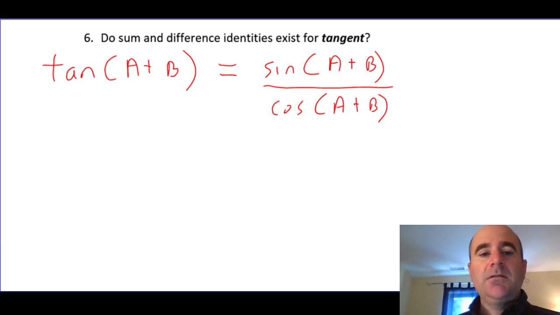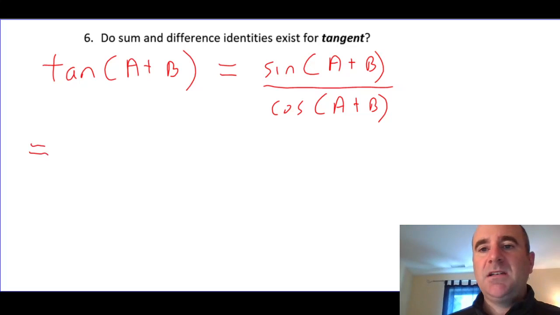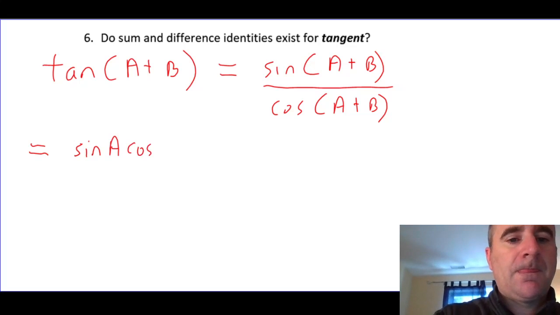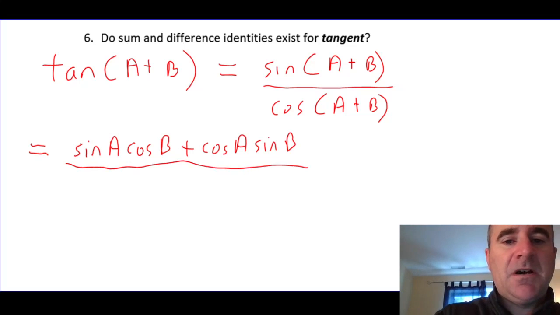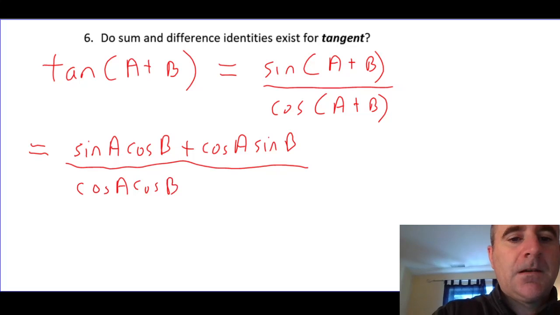We can then use the sum identities that we already discovered for sine and cosine, and we would get sine A cos B plus cos A sine B, all divided by cos A cos B, take away sine A sine B.